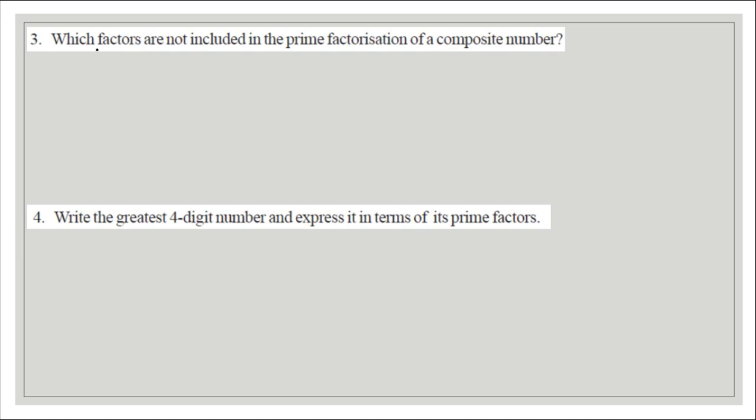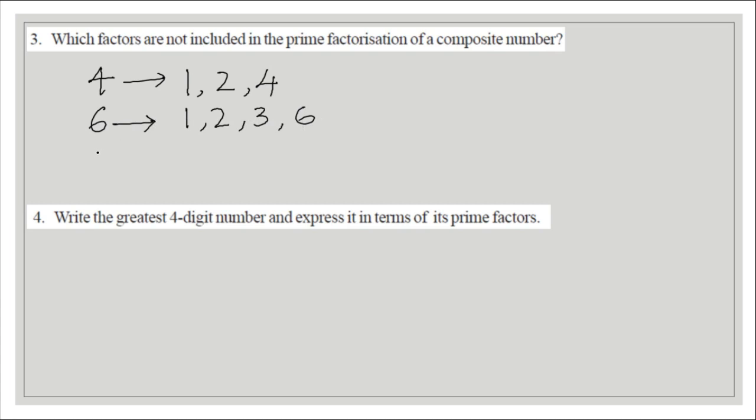We all know the composite numbers. The first composite number is 4. The factors of 4 are 1, 2 and 4. The next composite number is 6. The factors are 1, 2, 3, 6.